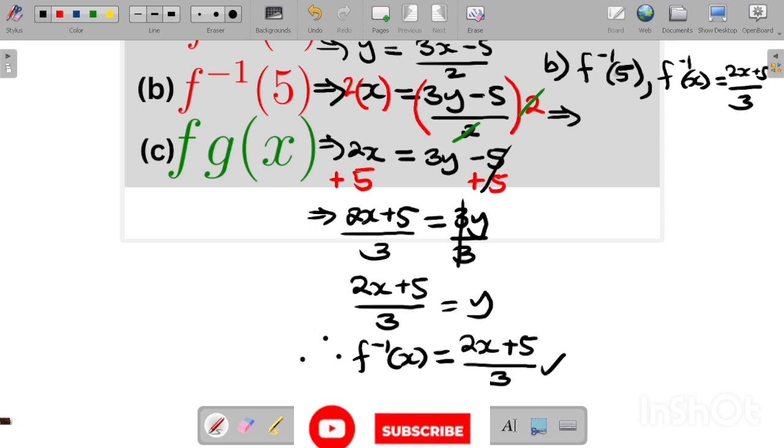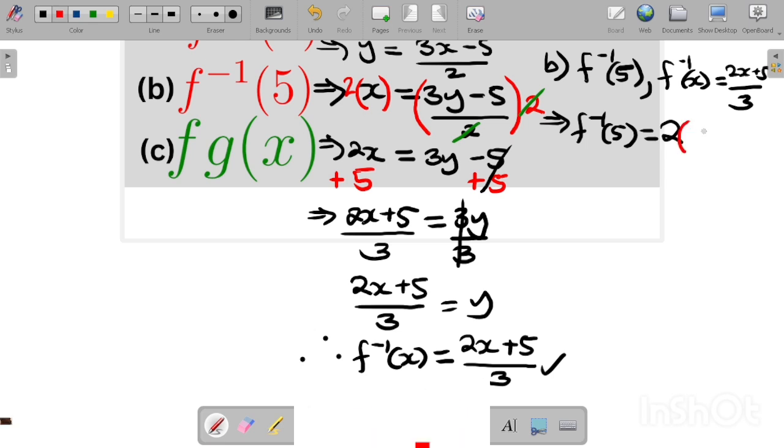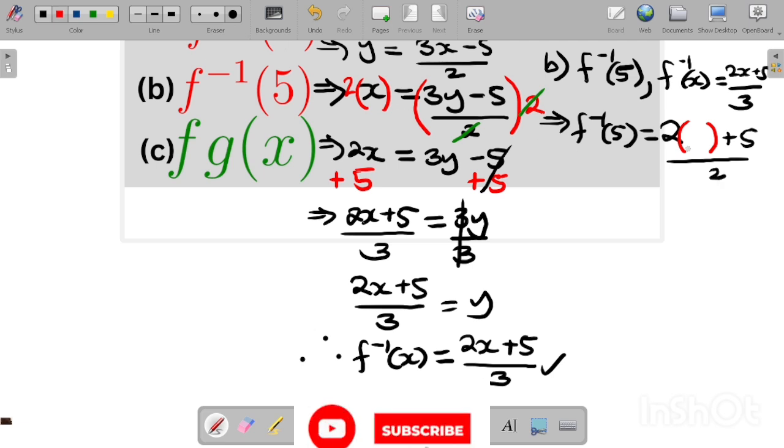It means that in this function, the inverse of f of x, wherever there is x, we are supposed to replace a 5. So we are going to have this equal to 2, then I'll put the brackets where there's x here, then plus 5 over 3. In the brackets here, we replace a 5.